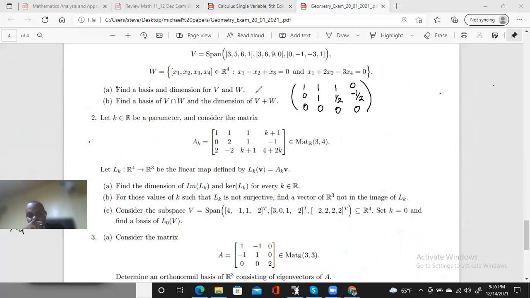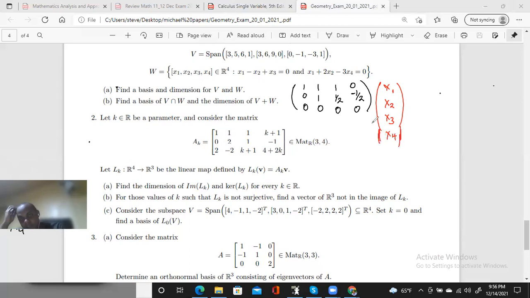So I just need to find a vector which is not in the image of the matrix A. You just need to look at the structure of your vectors. Take a random vector x1, x2, x3, x4.